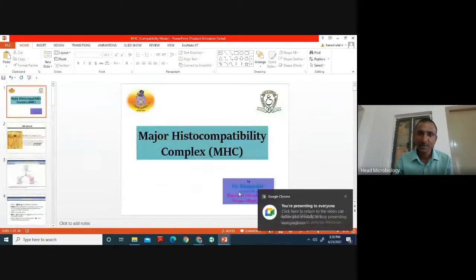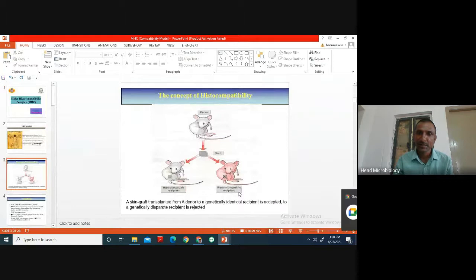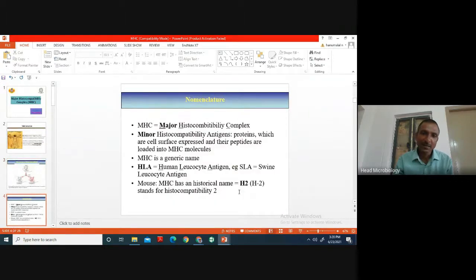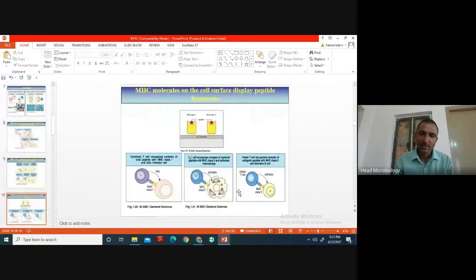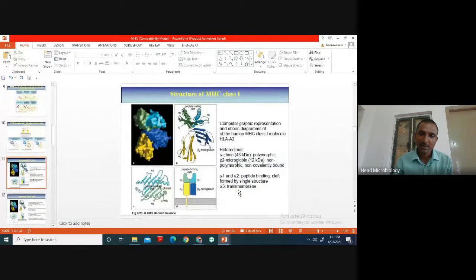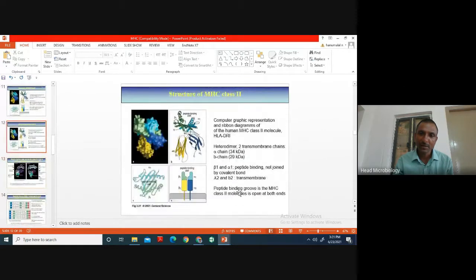Molecular weight of MHC, sorry, beta chain and alpha chain molecular weight is different in complex 1 and complex 2 structure.